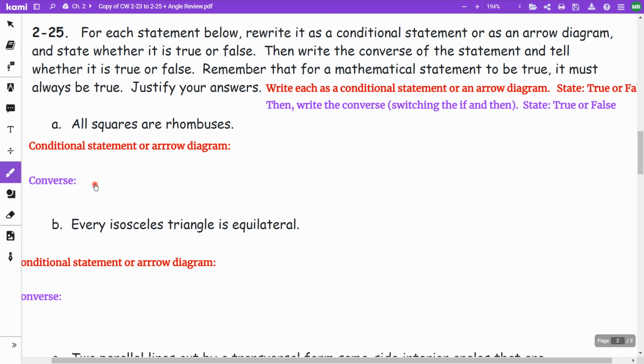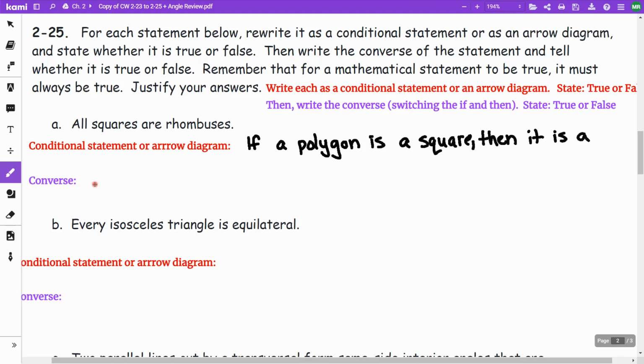So all squares are rhombuses. So if a polygon is a square, then it is a rhombus.